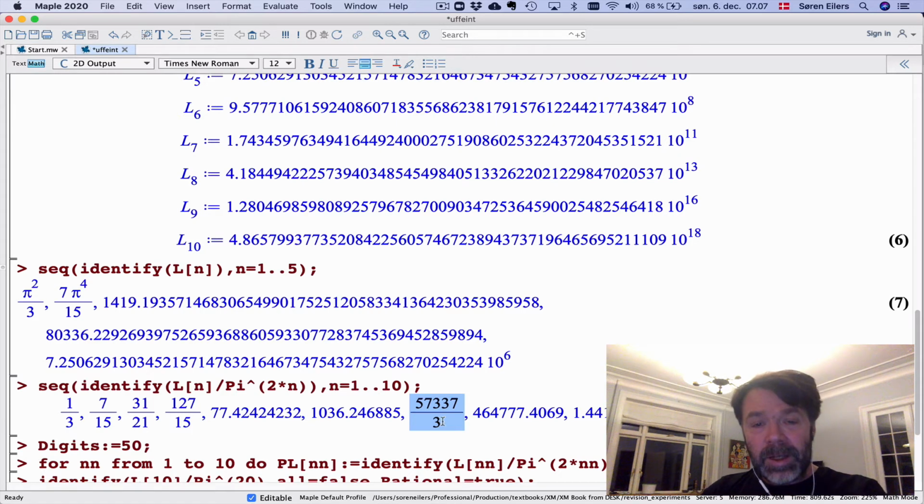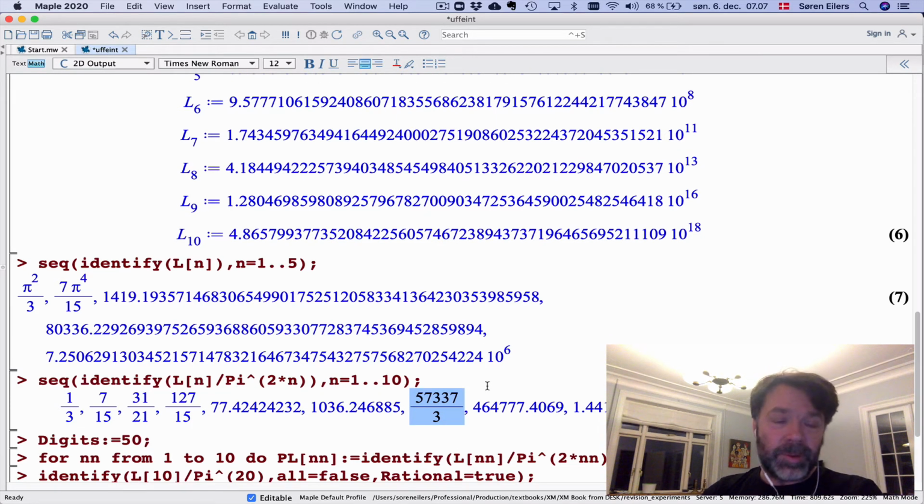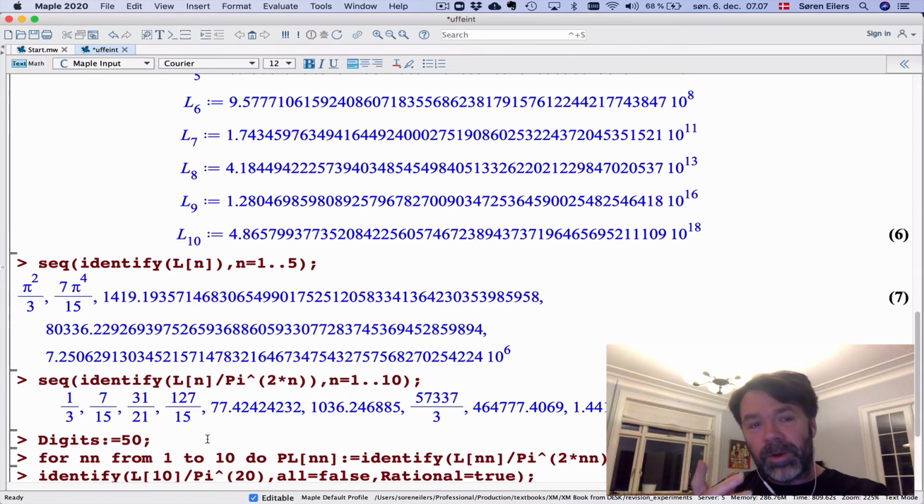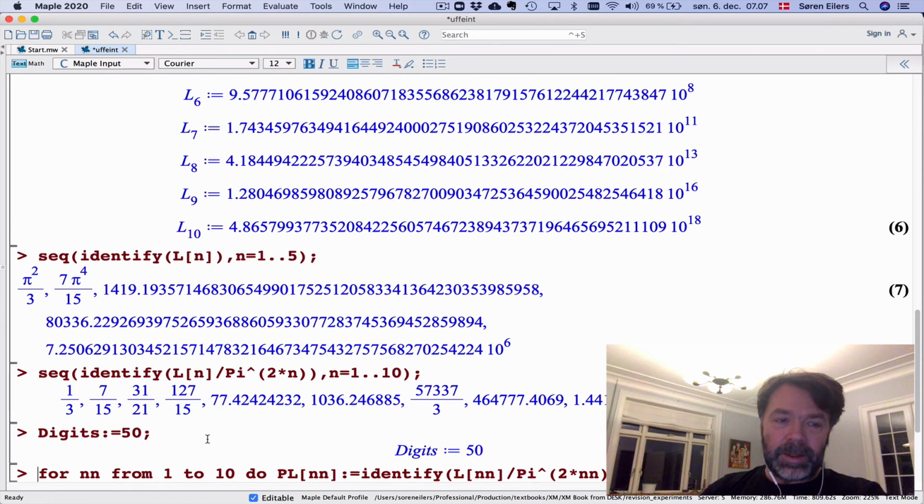And in fact, there's an annoying behavior of Identify that I want to point out. So I let myself into this trap a little bit. Even though I was careful to compute 50 digits of these numbers that I'm trying to understand, and indeed you need this kind of precision in order to be able to work with Identify, the number of digits is placed at the default value, so you can see that Maple here works with 10 digits, which is the default.